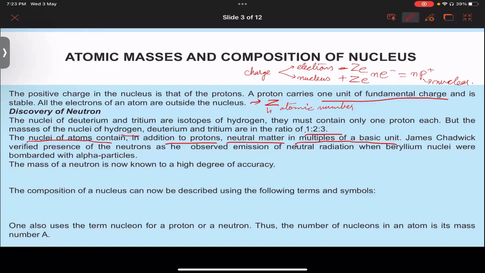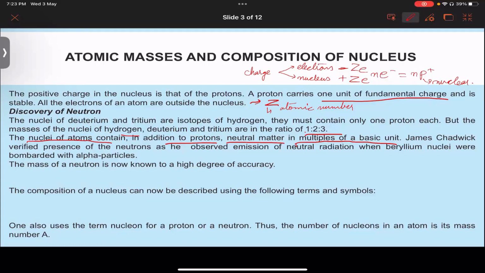Considering this, he put forth the existence of this neutral radiation in terms of neutral particles that became known as the neutrons.